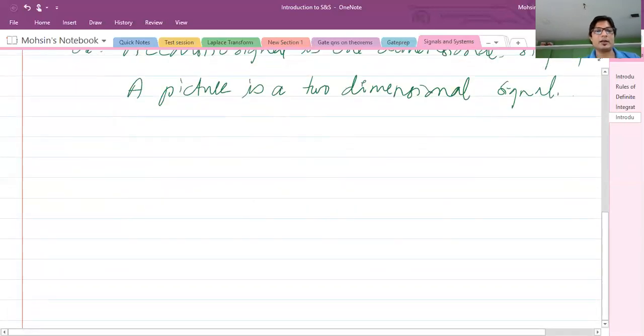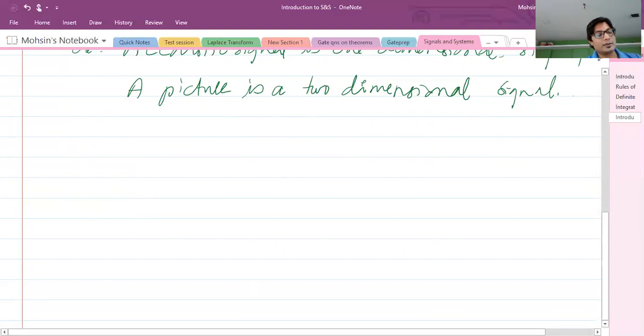Basically we can have a mathematical equation, but we can also plot a graph for that particular signal. And here we are going to restrict our analysis only to single dimensional or one dimensional signals. We are not going to talk about two dimensional signals over here.